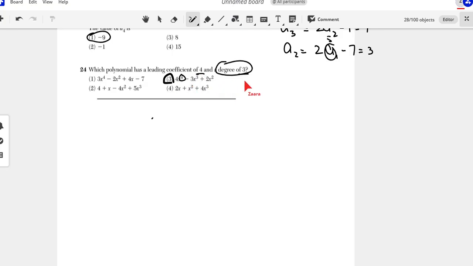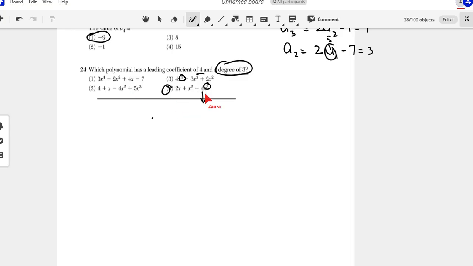So what does the leading coefficient mean? The leading coefficient is the coefficient of the term with the highest degree. So option 4 is correct because it has 4 here and its degree is 3.